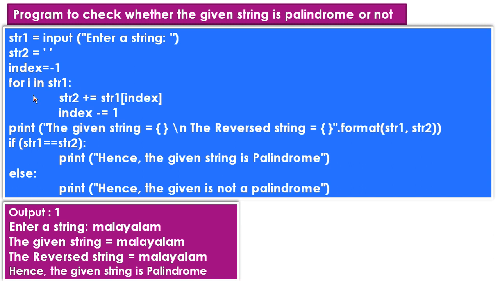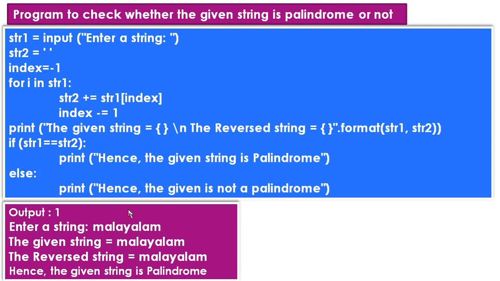So the second cycle occurs, and the index value turns into -2. Already str2 is M, the last M. Now str1 of -2 is A. So str2 equal to M plus A, that turns into MA.